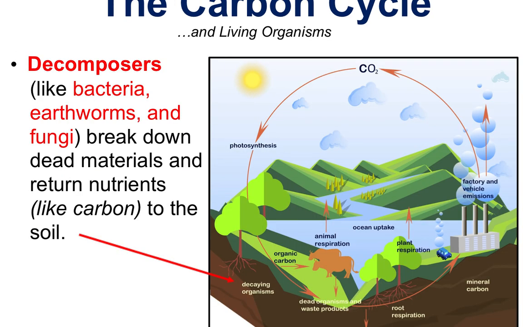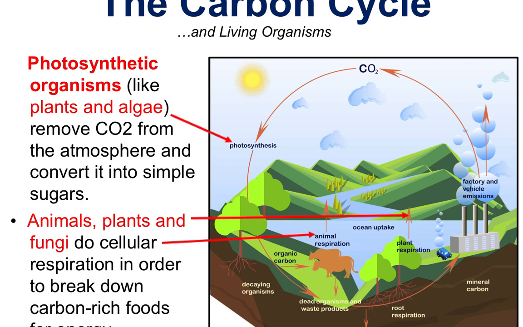We have a decomposition part here. Living organisms, things like bacteria, earthworms, and lots of different fungi, will break down dead material and nutrients and return them either to the soil or back into the ecosystem. Photosynthetic organisms like algae, but also all plants and things that are green, remove carbon dioxide from the atmosphere that all these other processes have put out there, and they convert that into simple sugars.